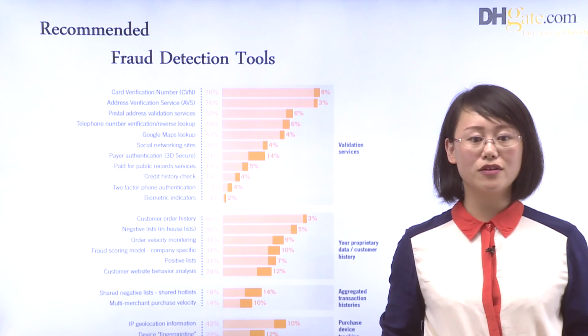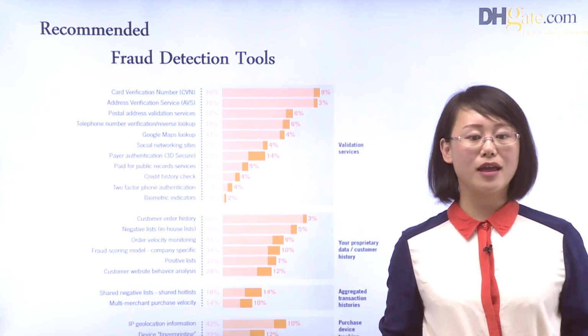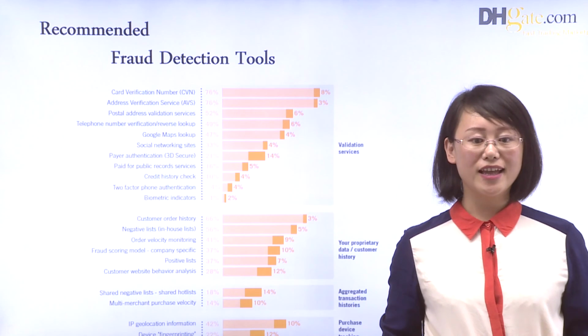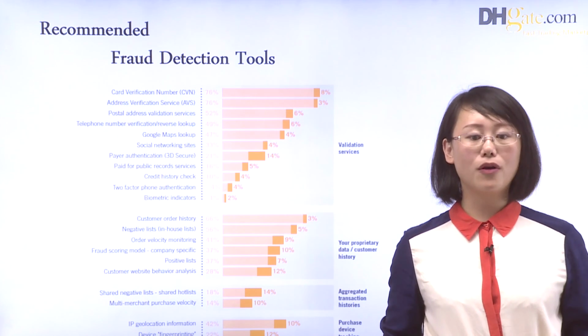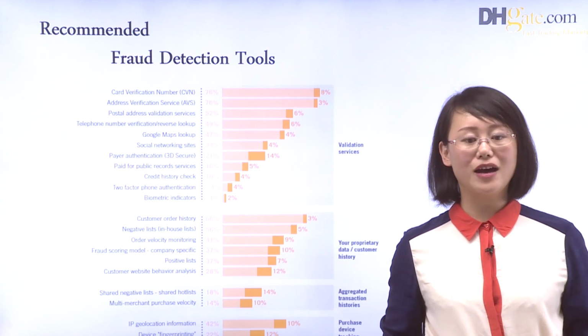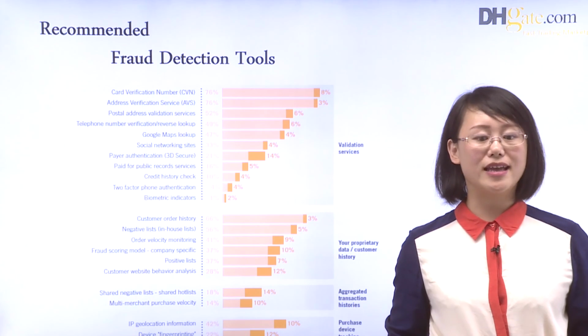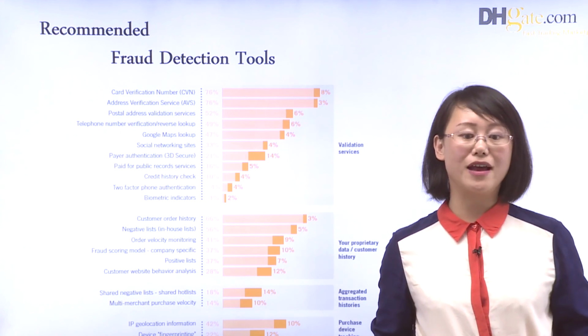Tools like Google Maps and Apple geolocation information are becoming more popular. Device fingerprint is worth looking at more closely, as 55% of merchants use it and rated it as one of their most effective.